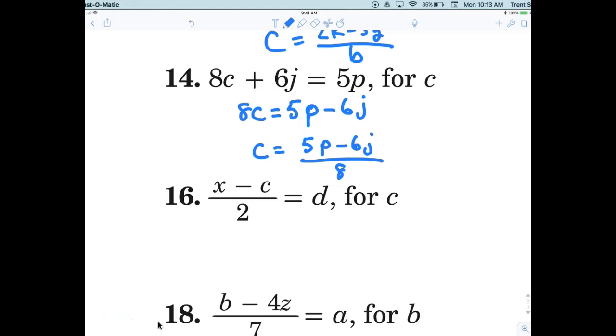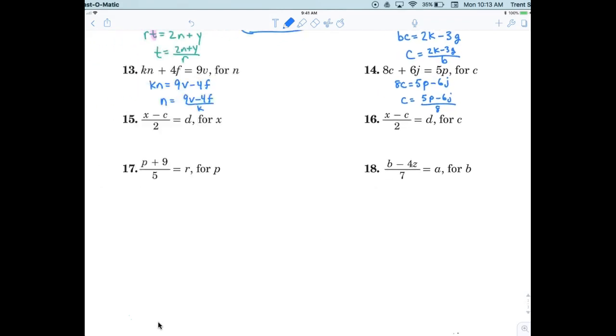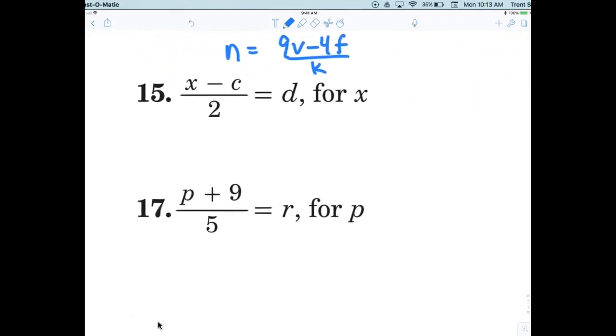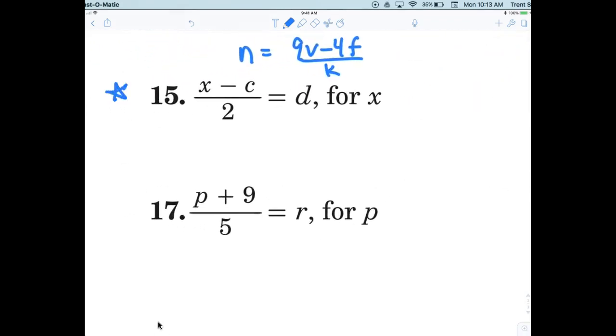Mr. Osborne, you want to help me out with 15? Sure. Now listen, put a star by 15 because it's new. All right. So what's in the way on this one, do you think? What do you think I have to do first?